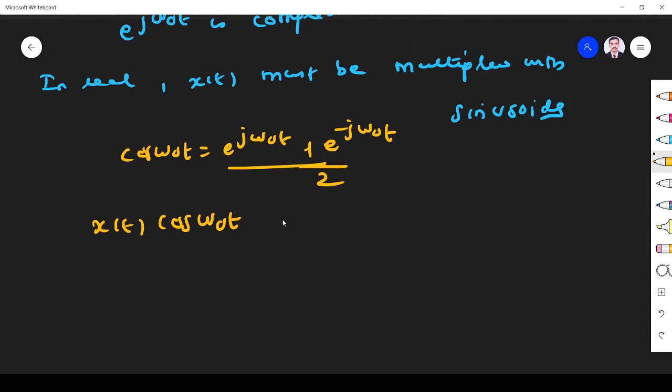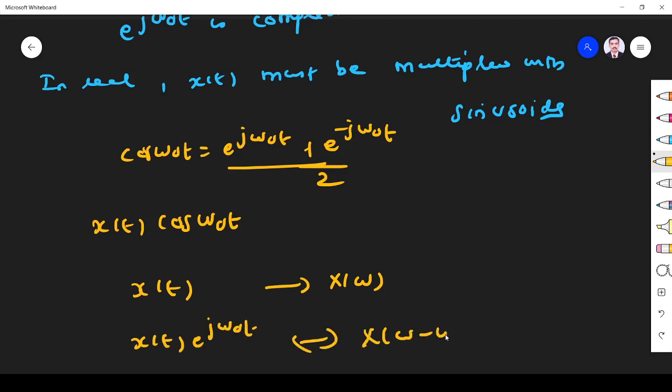So what will happen? We know that x of t has a Fourier transform of X of omega. X of t into e power j omega naught t has a Fourier transform of X of omega minus omega naught.